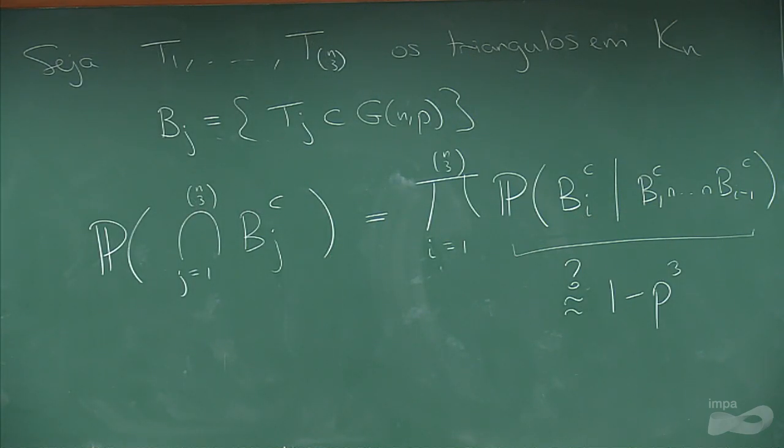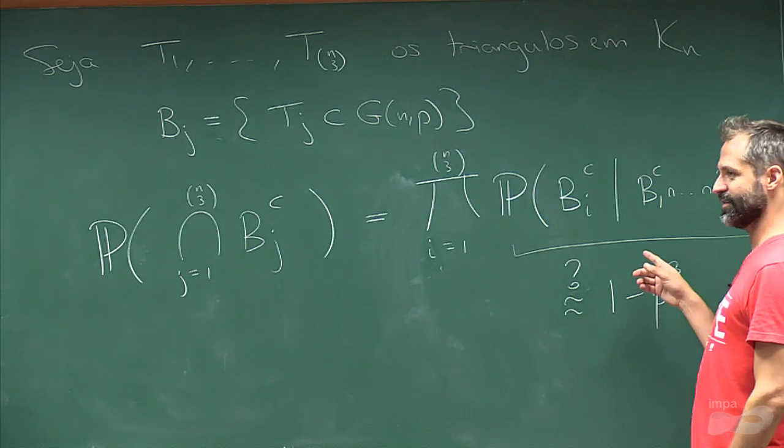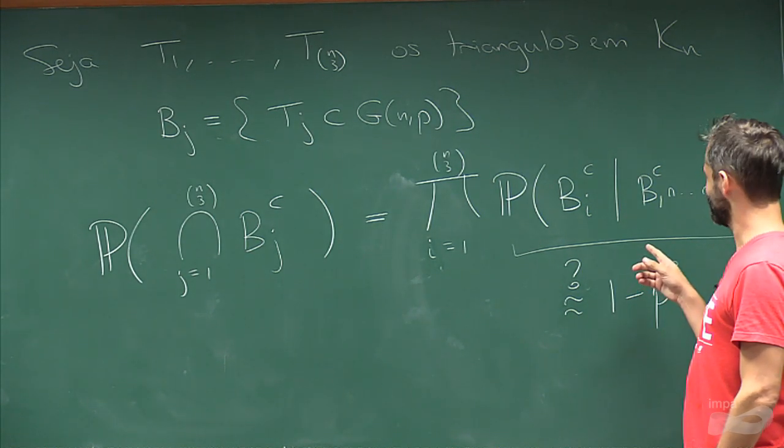So first, I claim that it is either at least or at most. You tell me which. Is this probability at least 1 minus P cubed or at most 1 minus P cubed? Right, so what's the argument?